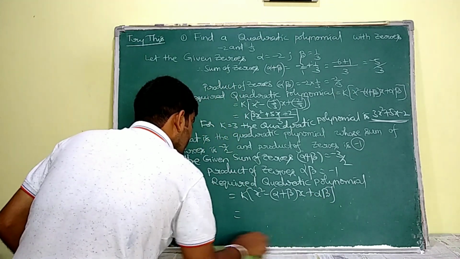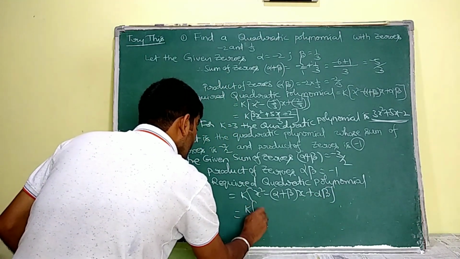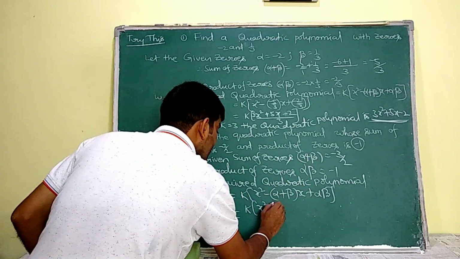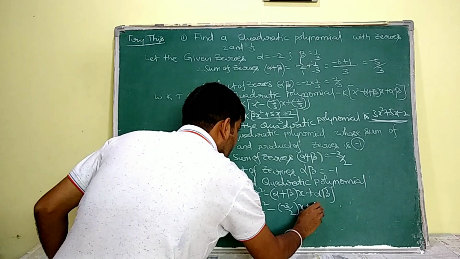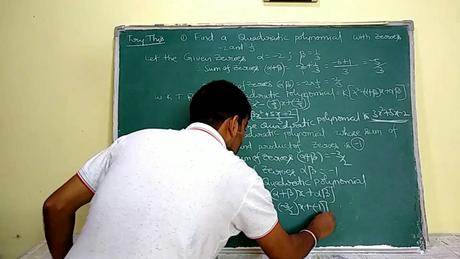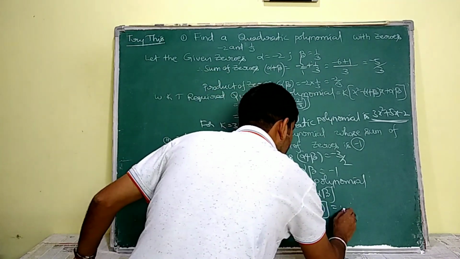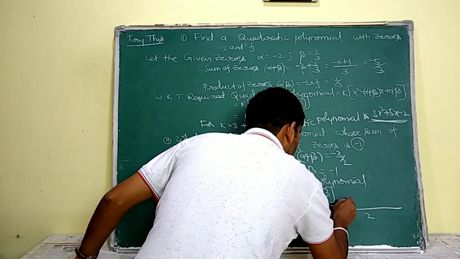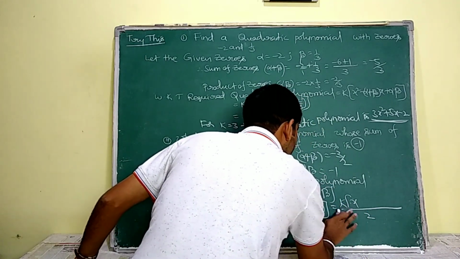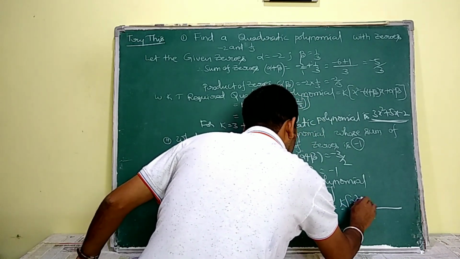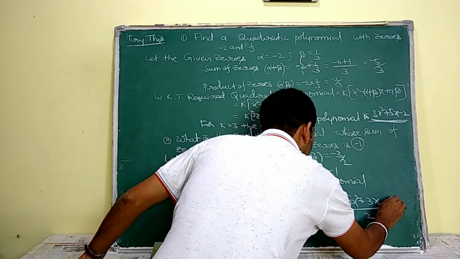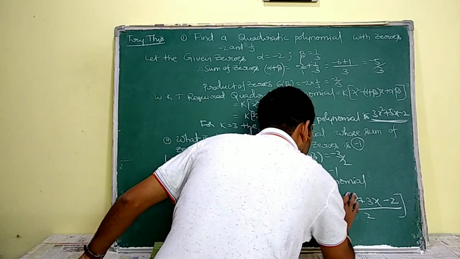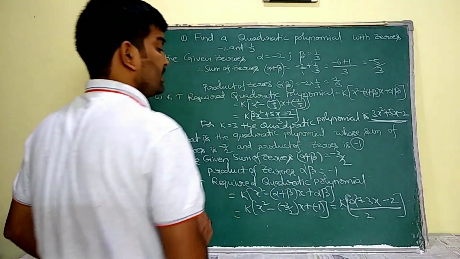We have to write k into x square minus alpha plus beta, which means minus 3 by 2, into x plus alpha beta, which means minus 1. So take out the LCM. LCM is 2. So k into 2x square plus 3x minus 2. So this is the required value.